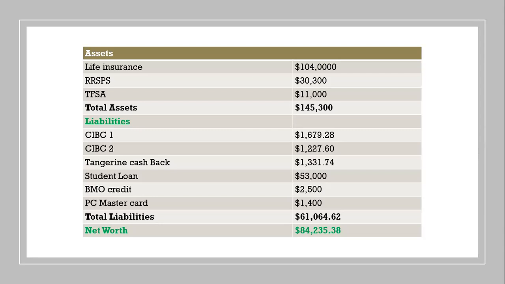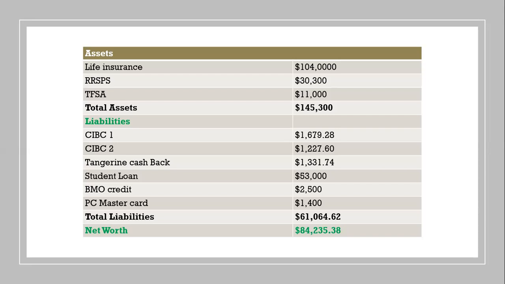When you add everything up, it brings you to a debt of 61,062. When you take the difference, this person has a net worth of 84,235 and 8 cents. So that is their net worth.